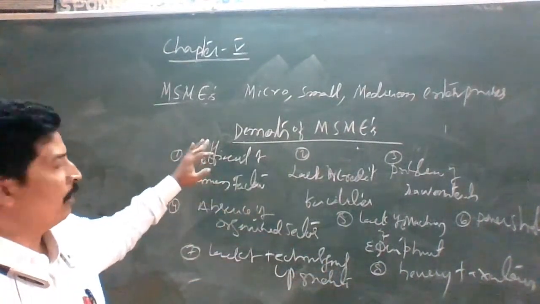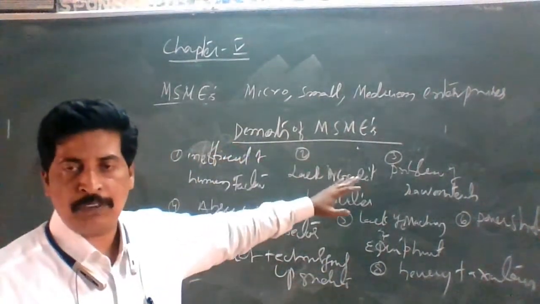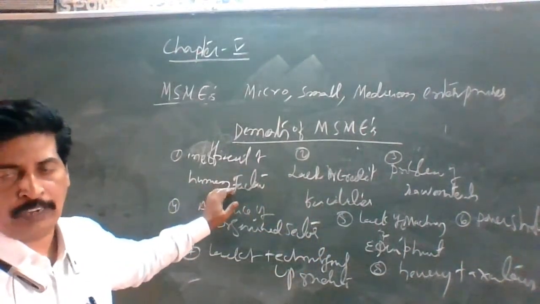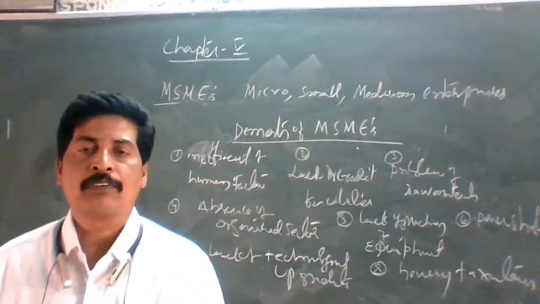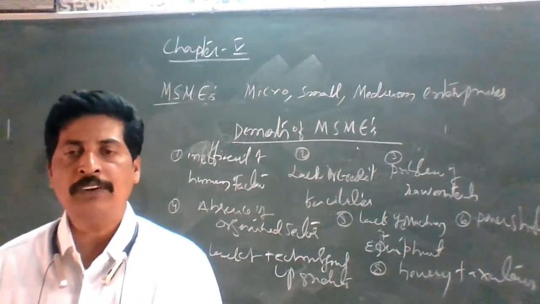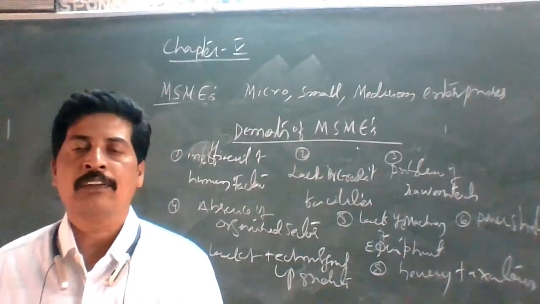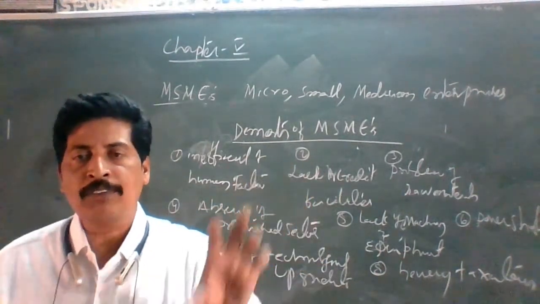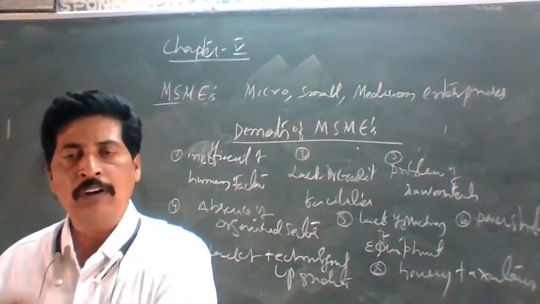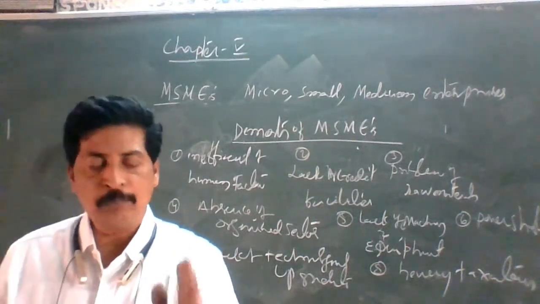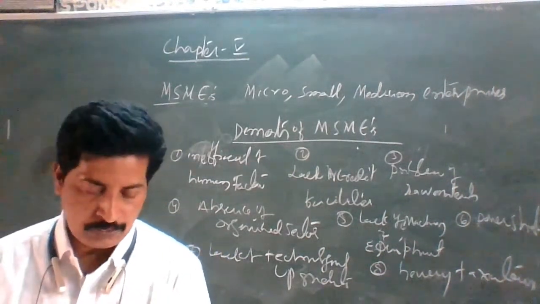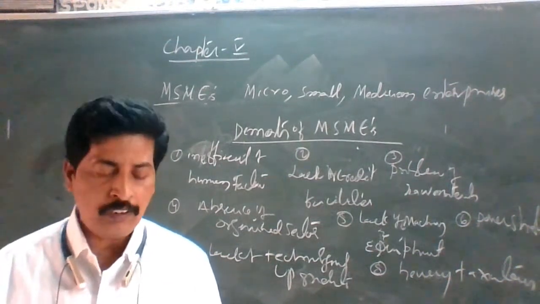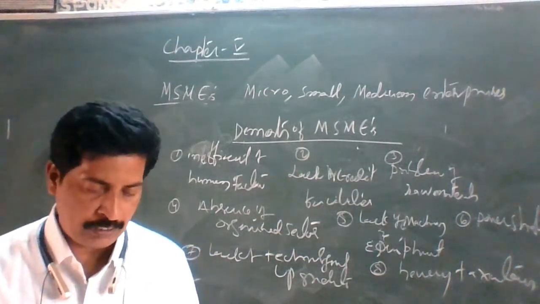When it comes to the merits of MSME, we have seen nearly 10 important points, and demerits. We have to write merits and demerits. If this question comes, we have to write systematically. What is the meaning of MSME? What is the level of investment of micro, small and medium? And what is the importance of MSME? And finally, what are the merits and demerits of MSME?